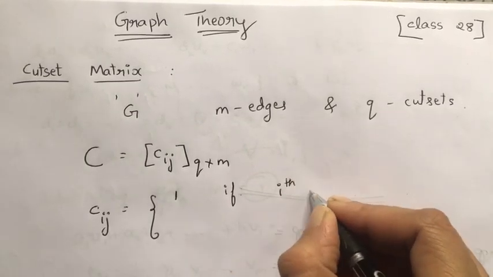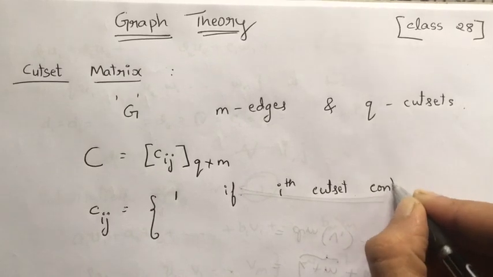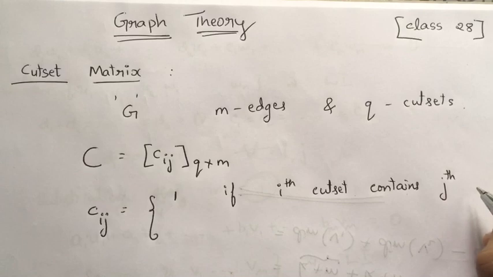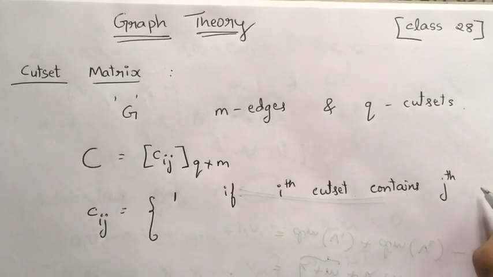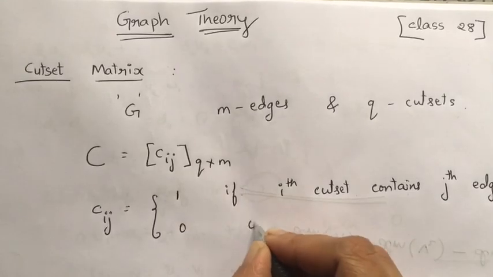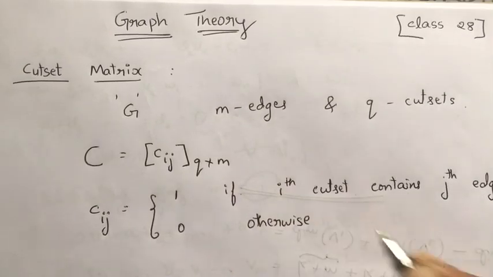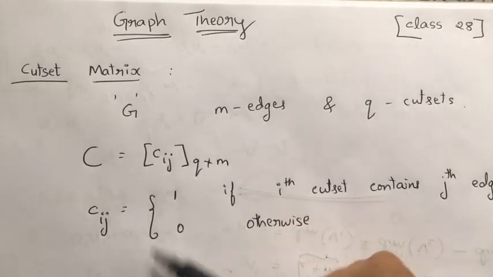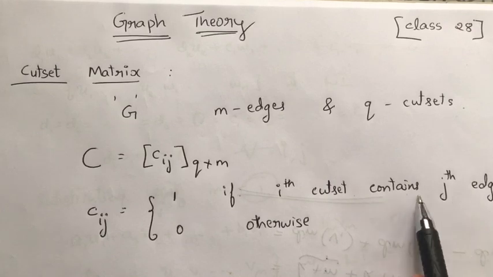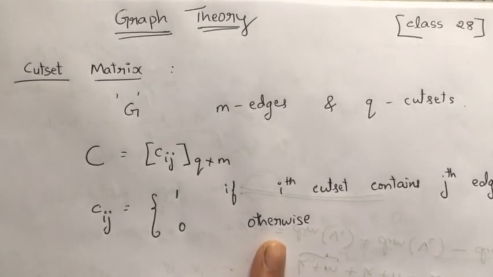If the ith cutset contains the jth edge, then the entry Cij is 1, otherwise it is 0. The entry is equal to 1 if the ith cutset contains the jth edge, and it is 0 otherwise.